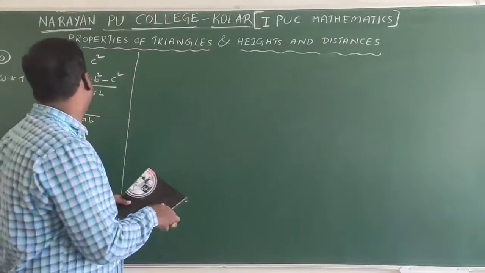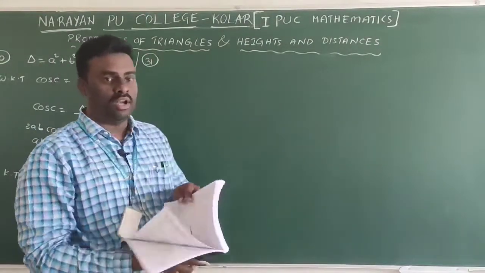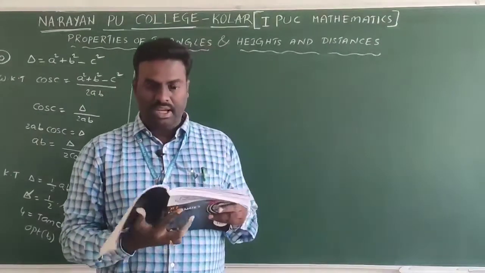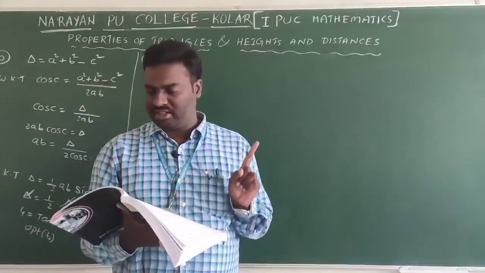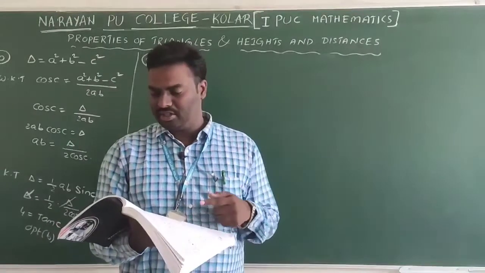Next, question 31, a small correction. B is given as 1, but that is not 1, because in the solution it is given as 2. You change it, B value is 2.